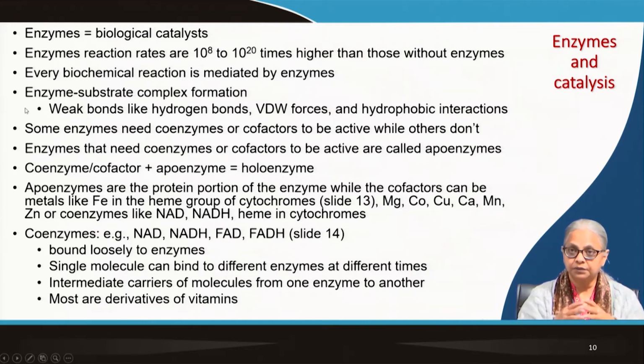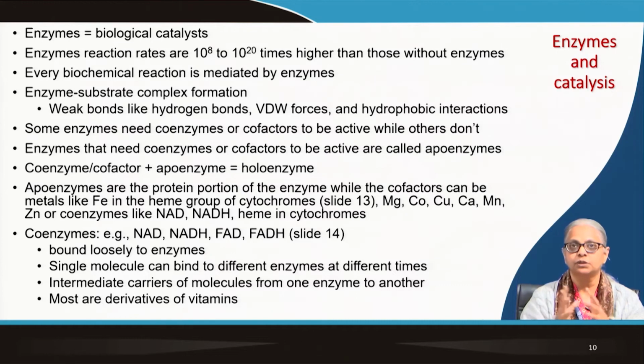And for these enzyme mediated reactions to happen, there is something that is necessary before that, and that is the enzyme substrate complex. So when the enzyme and substrate form a complex, only then can the reaction proceed. And these enzyme substrate complexes are formed by weak bonds.